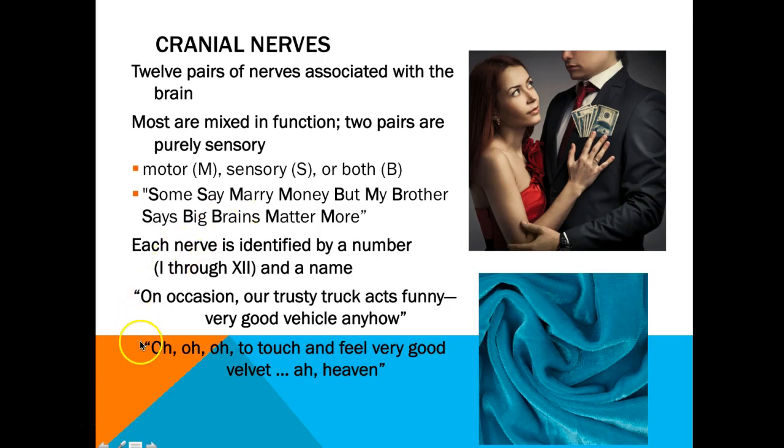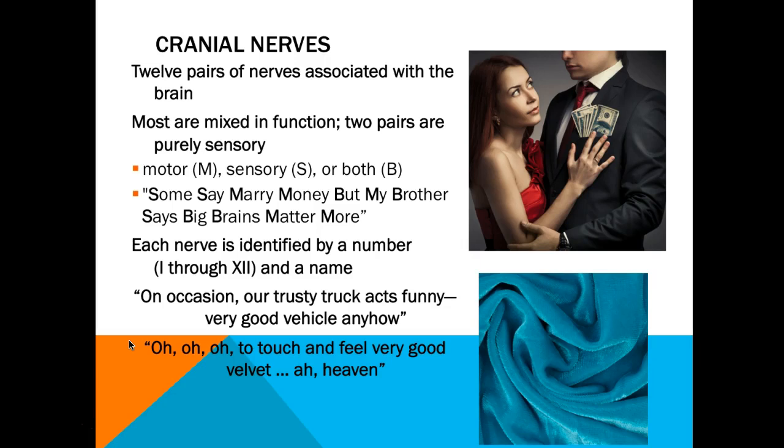Here are some other mnemonics for memorizing the names of cranial nerves. Each of the first letters of these words represents the name of a cranial nerve. So we have: On occasion, our trusty truck acts funny, very good vehicle anyhow, or we have: Oh, oh, oh, to touch and feel, very good velvet, ah, heaven.